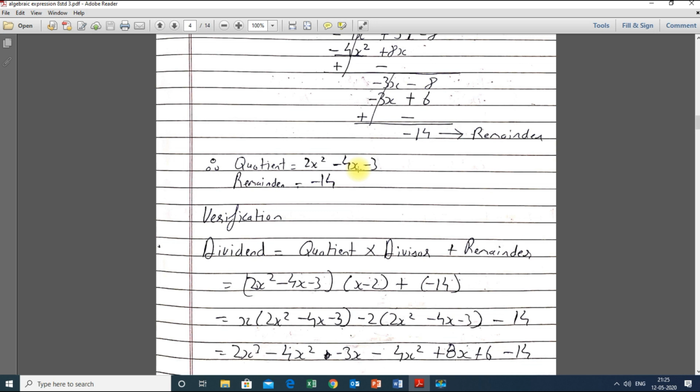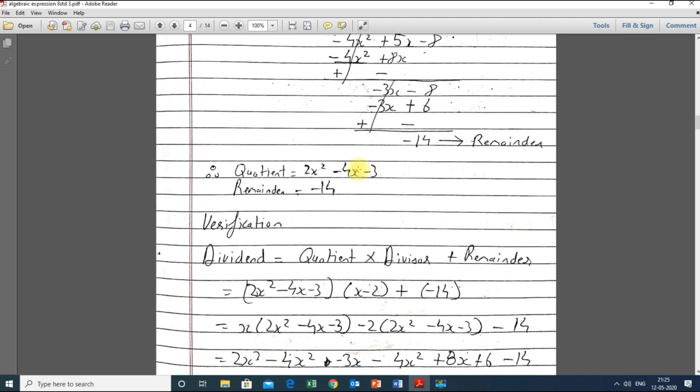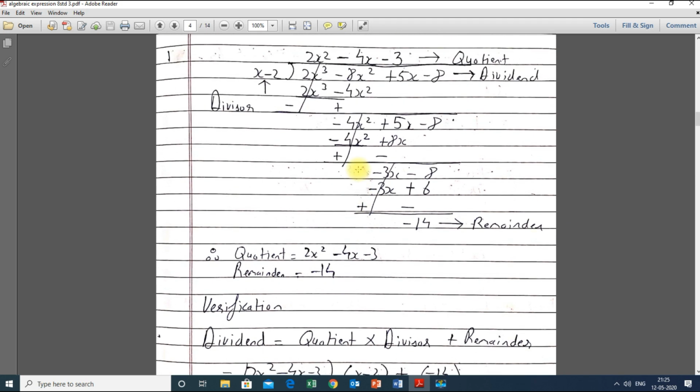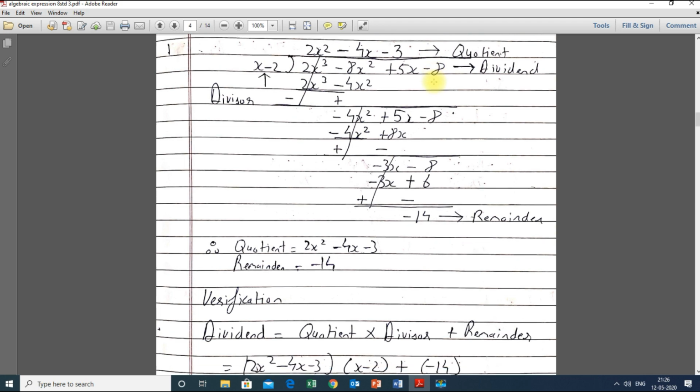So when we multiply 7 with the divisor, I will always get the dividend. Similarly, if I multiply this particular quotient with the divisor over here, I will get this particular answer. That is the verification of the sum we have solved. It's always better to verify rather than losing the marks.